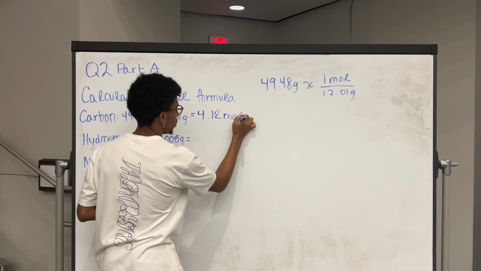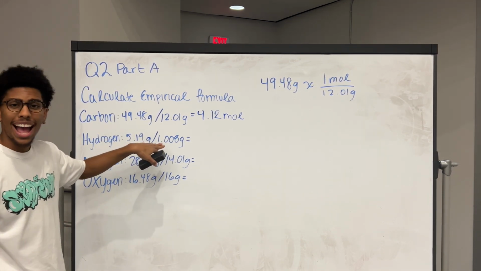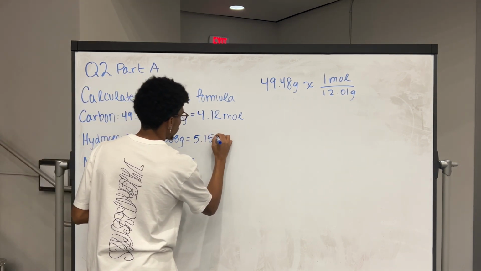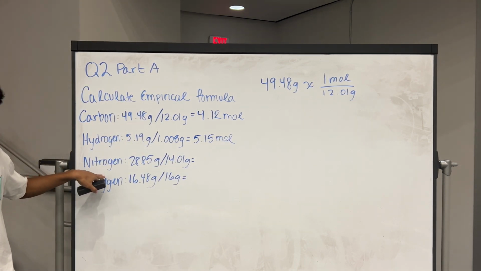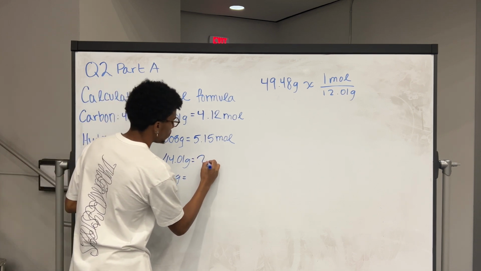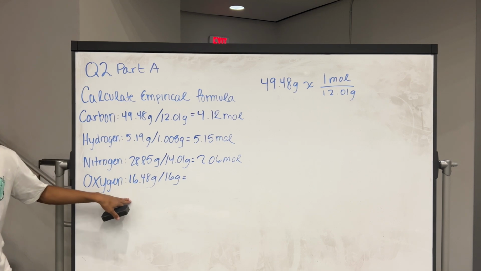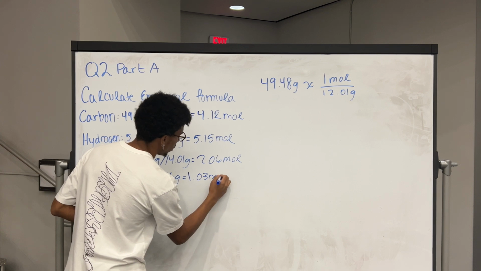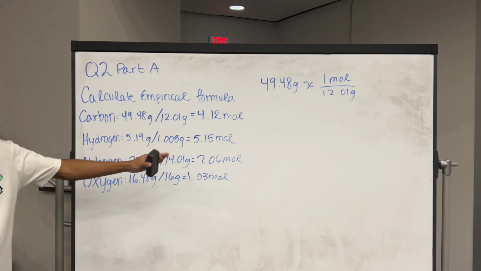I'll write it just so you can understand what everything is. For hydrogen, we're going to have 5.15 moles. For nitrogen, we're going to have 2.06 moles. And for oxygen, we're going to have 1.03 moles. So that's the percentages converted to moles.